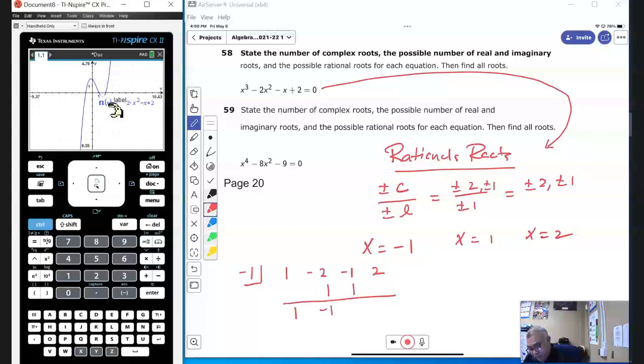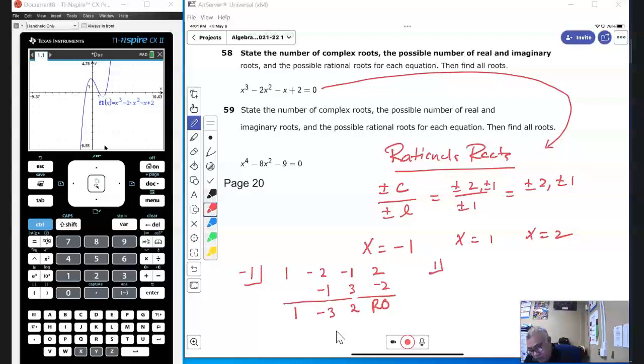Negative 1 plus 1 is 0. Negative 1 times 1 is negative 1. We have negative 3. Negative 1 times negative 3 is 3. It's 2. Negative 1 times 2 is negative 2, so that's 0. So that would be a root.